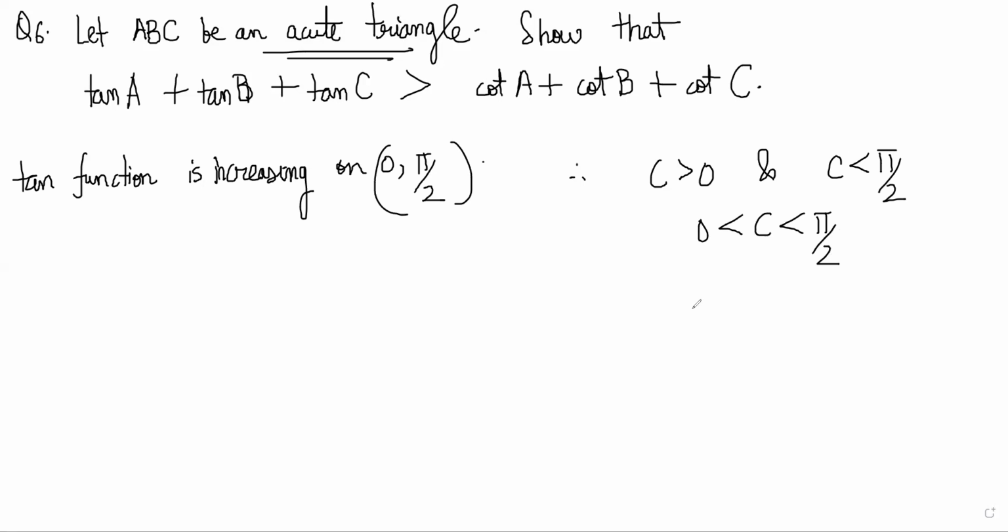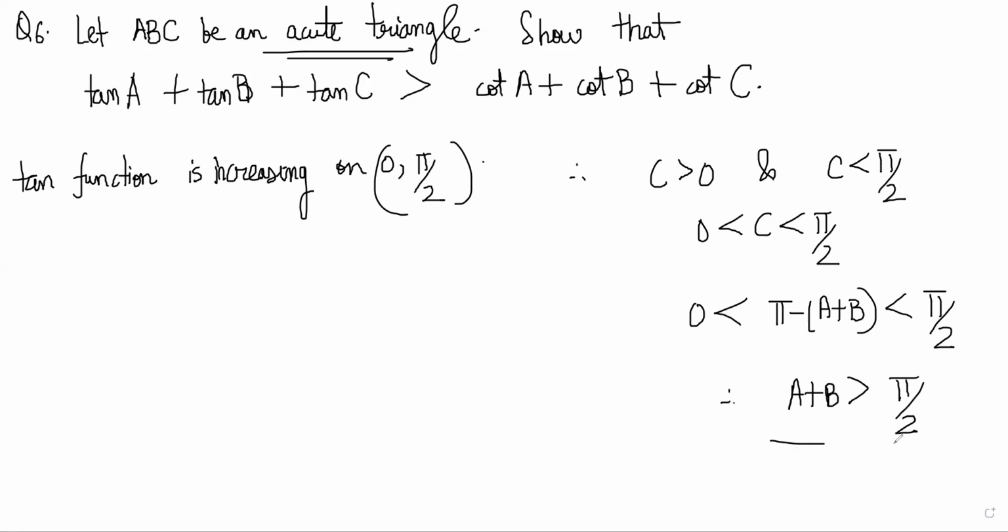I can write C now as 0 is less than pi minus A plus B is less than pi by 2, right? So therefore, we get A plus B is greater than pi by 2, which implies that A is greater than pi by 2 minus B, right?